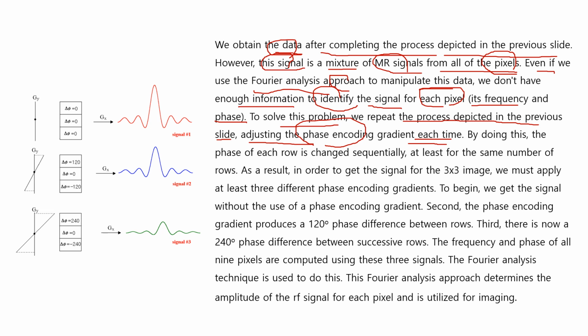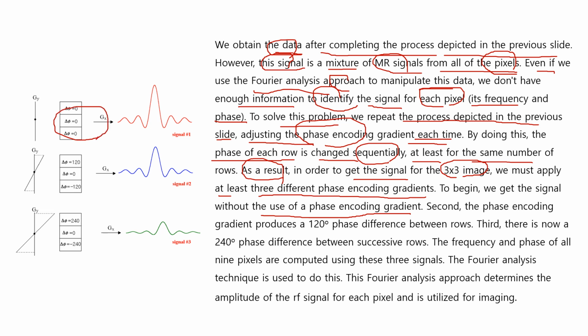By doing this, the phase of each row is changed sequentially, at least for the same number of rows. As a result, in order to get the signal for a 3x3 image, we must apply at least 3 different phase encoding gradients.